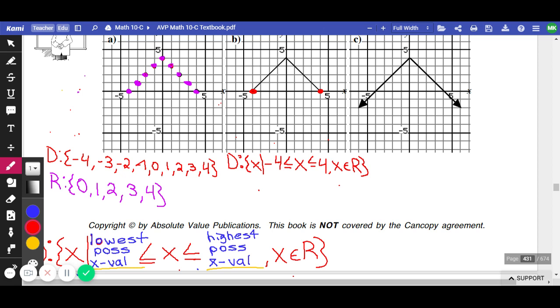If I said x equals 1, x equals 1 is right here. Yep, the graph has a spot at x equals 1. If I said, well, what if x equaled -2.5? I go to -2.5. Yep, there would be an x value on the graph right there. This is just telling you possible x values for that graph using set builder notation.